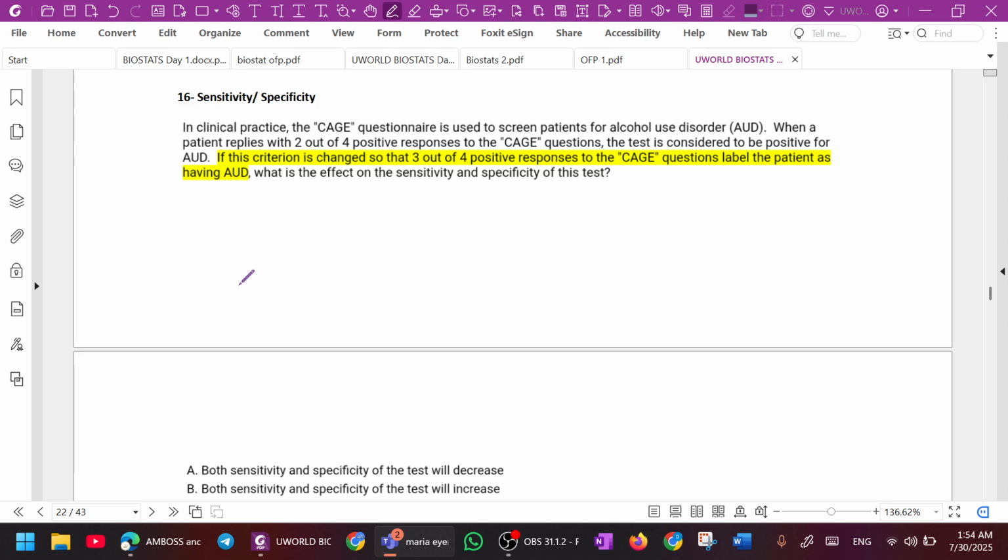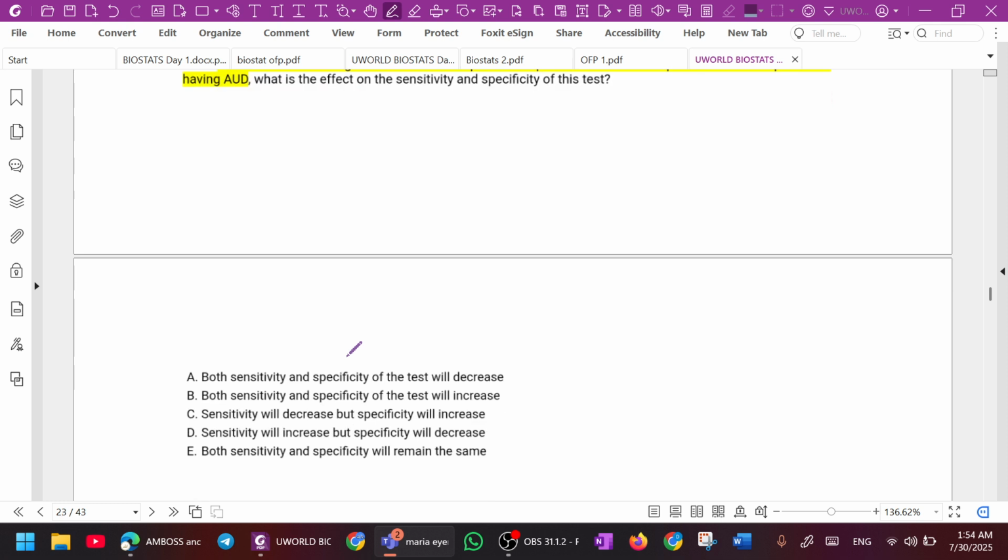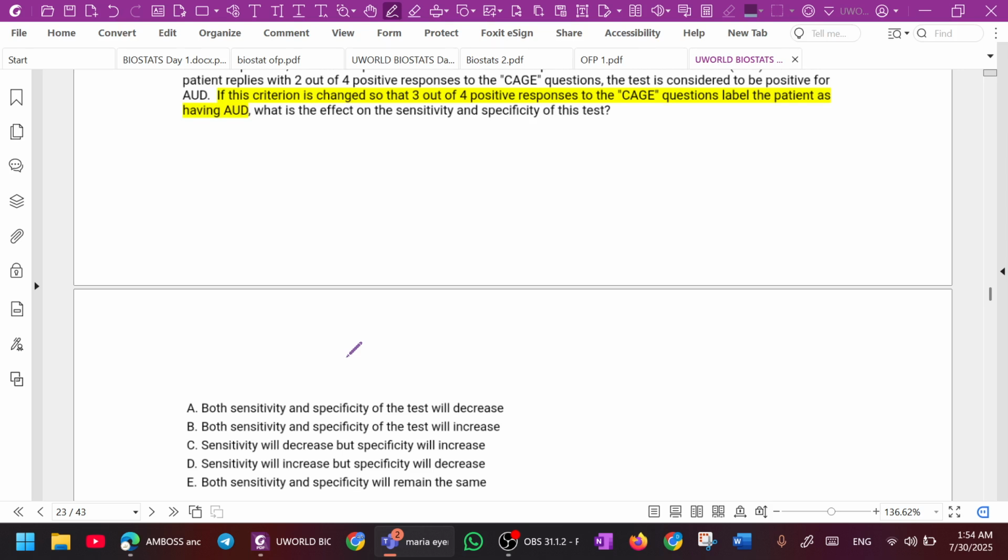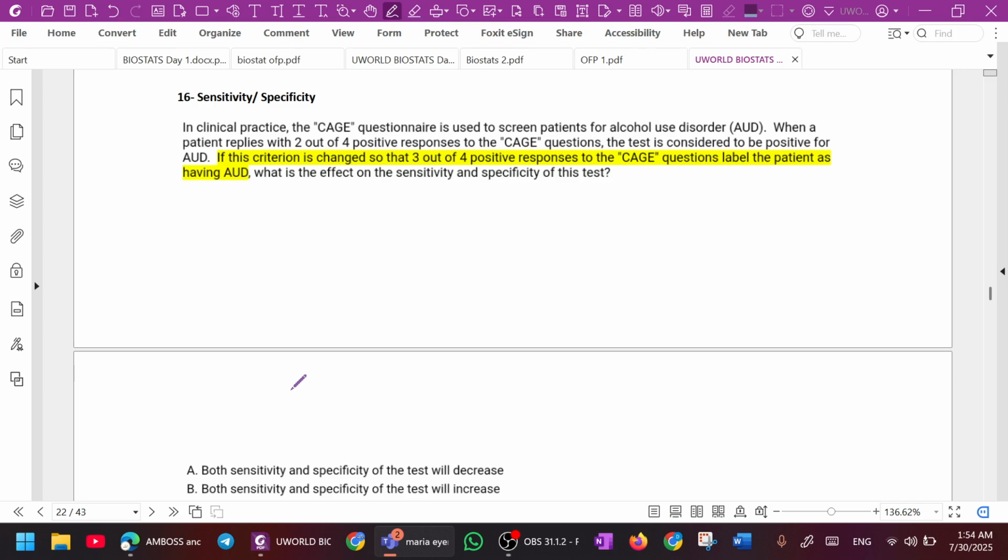2 out of 4 positive responses. 3 out of... increase sensitivity. We are increasing the criterion value.